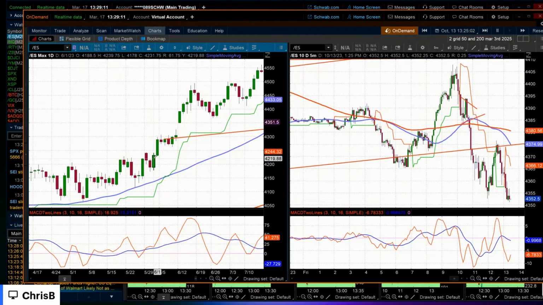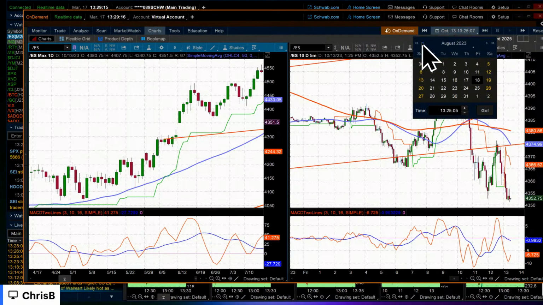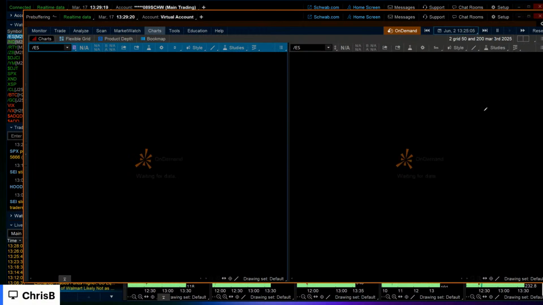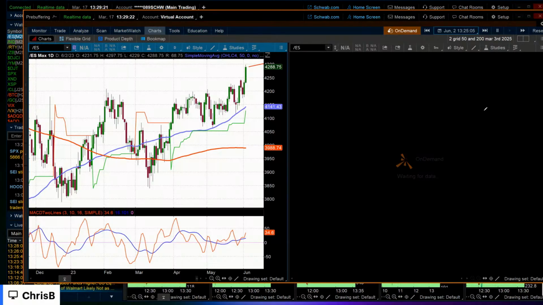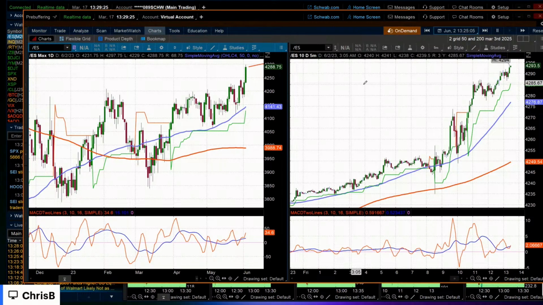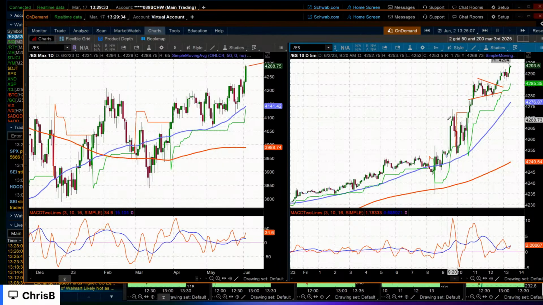I don't have a lot of time, but right here, June 1st. So there's your turn on a daily, and there's your bull flag at a 5 minute. So in answer to your question, it's not necessarily you have to go to the zero line. It's how it consolidates after it starts the uptrend.